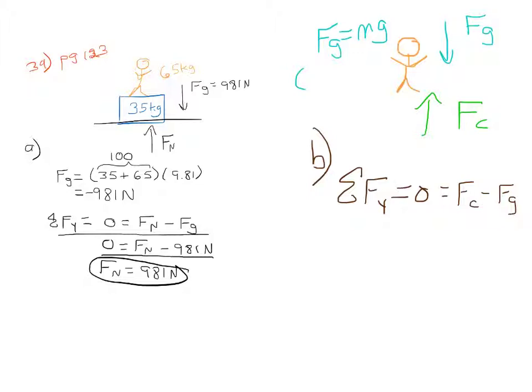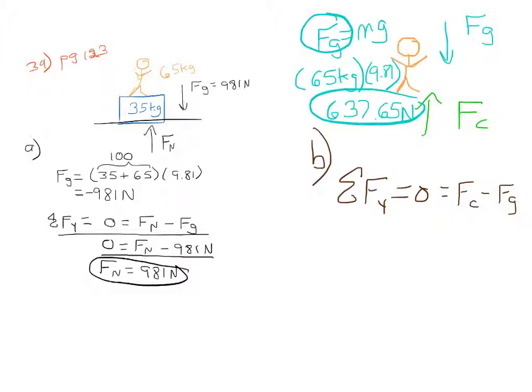The mass of the guy is 65 kilograms times 9.81 meters per second squared, which gives us 637.65 newtons.